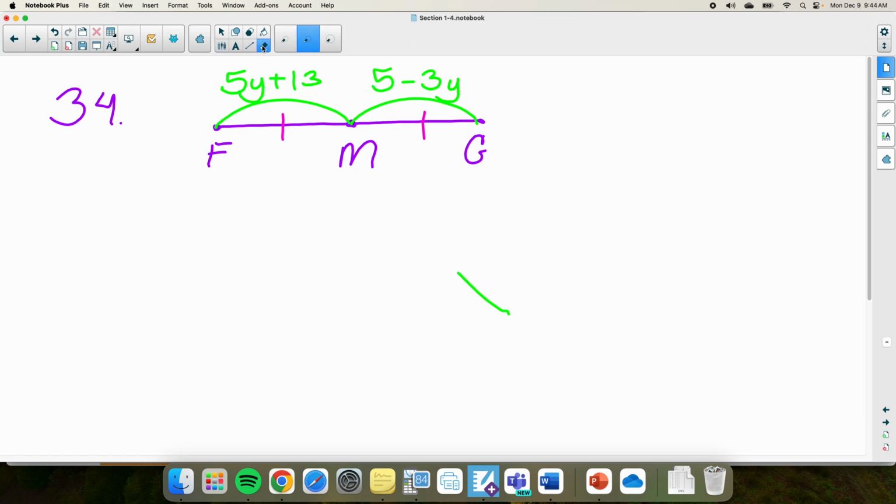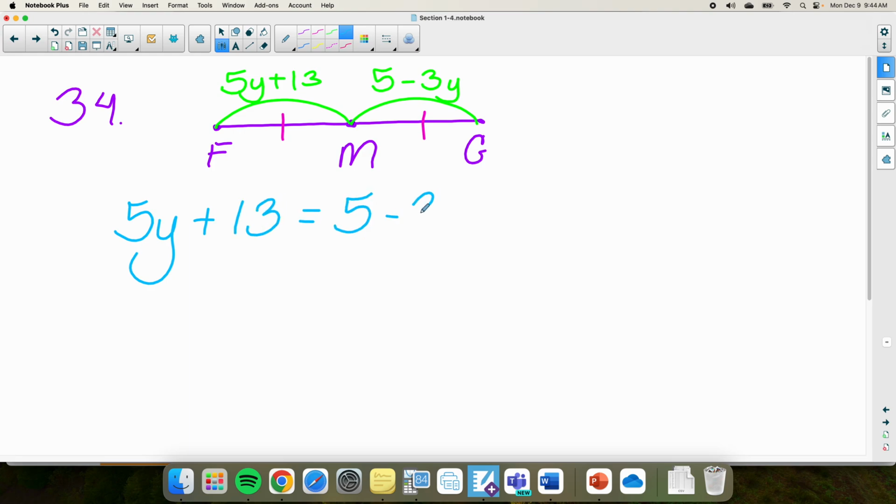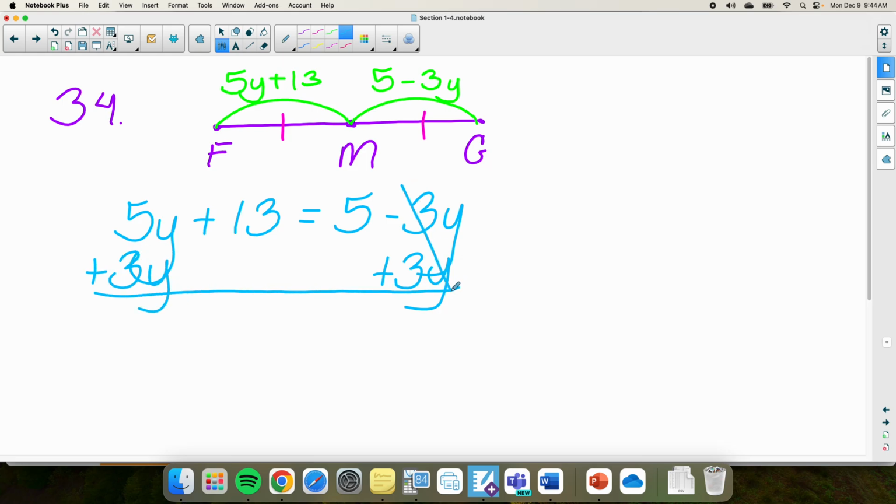So we would go 5y plus 13 equals 5 minus 3y, okay? And then we bring our y's to one side, our numbers to the other side. So I'm going to add 3y. 5y plus 3y is 8y plus 13 equals 5.